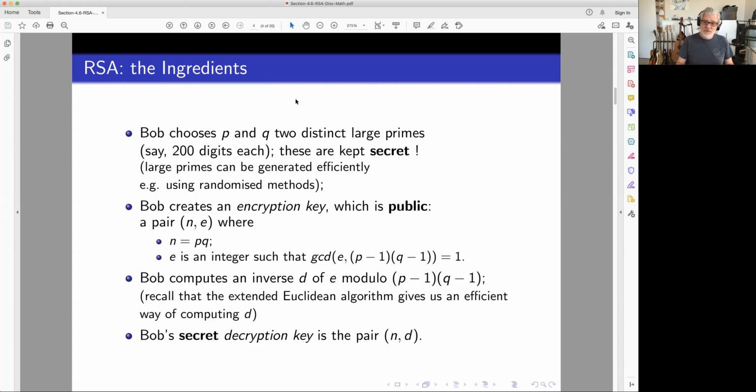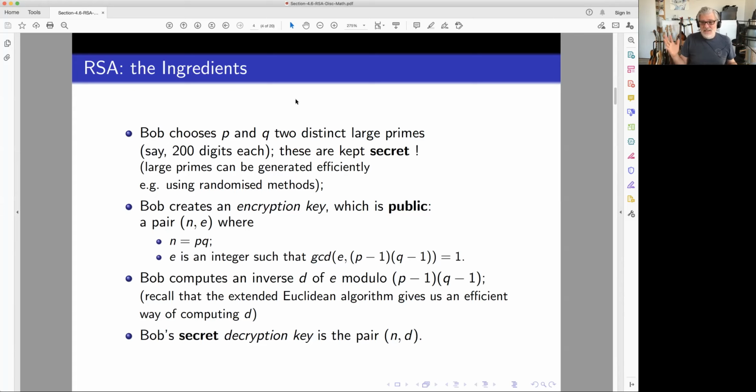Okay, so Bob has an inverse of E, mod (P minus 1)(Q minus 1), and Bob keeps this secret: N, D. Notice that to compute D, it seems that you have to know what P and Q are. From P times Q, how can you figure out what (P minus 1) times (Q minus 1) is?